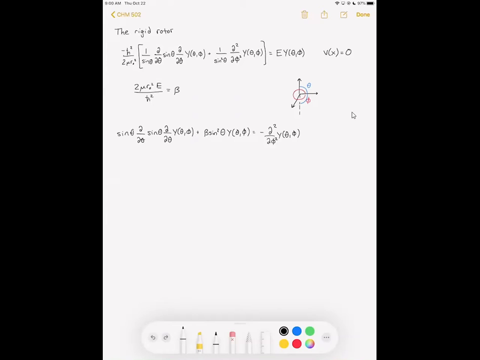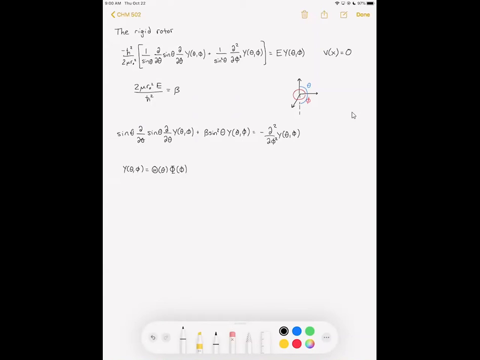From this, we can extract a couple of useful pieces of information. One, we have to be able to break apart our function. Our function Y of theta and phi, we can separate the variables. So we actually have 2 functions, one that's only a function of theta, and one that's only a function of phi, because of the way this differential equation is broken down.